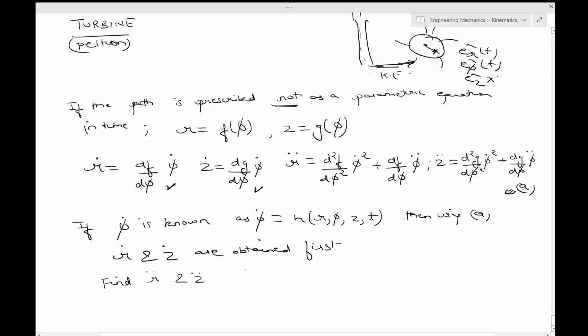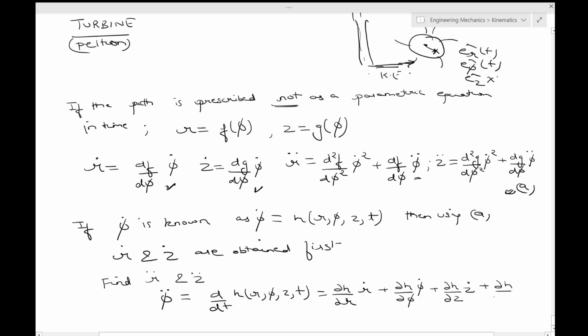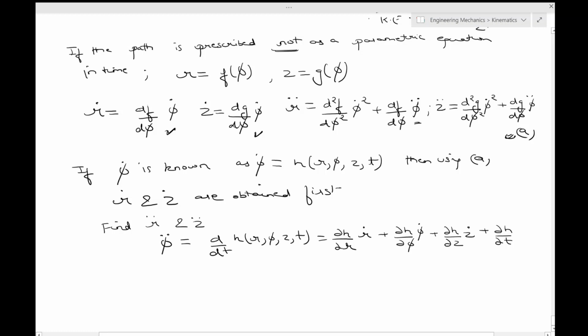For this you will have everything other than phi double dot, and that you can find out. Phi double dot will be equal to d by dt of h of r, phi, z, t, and that would be equal to dou h by dou r times r dot plus dou h by dou phi times phi dot plus dou h by dou z times z dot plus dou h by dou t. This is similar to what we had seen for the Cartesian system.